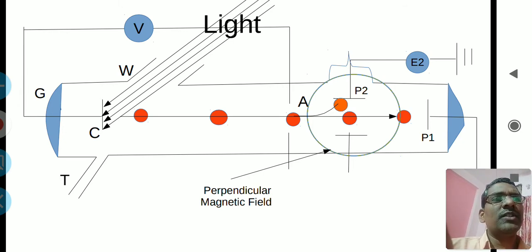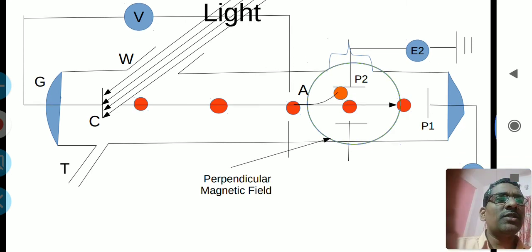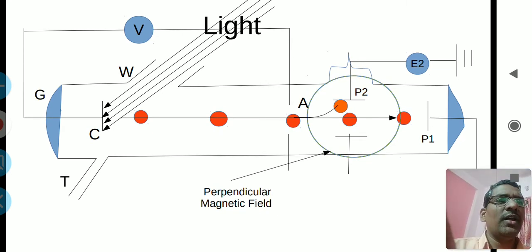Now, if we make light incident on the cathode surface, the electrons are emitted and attracted towards the anode A, but due to the small pinhole in the anode, they come towards the electrode P1. Electrons are shown as red dots. They are attracted towards the plate P1, and the measure of those electrons is counted in electrometer E1.